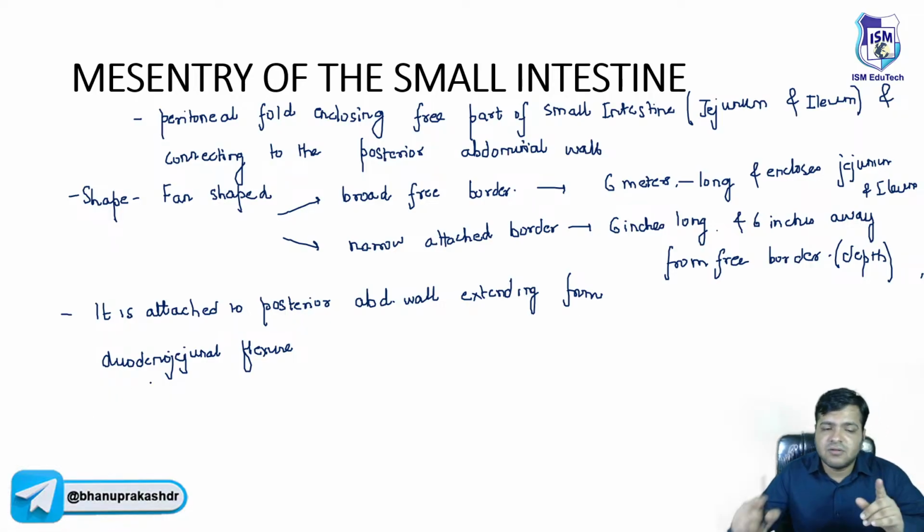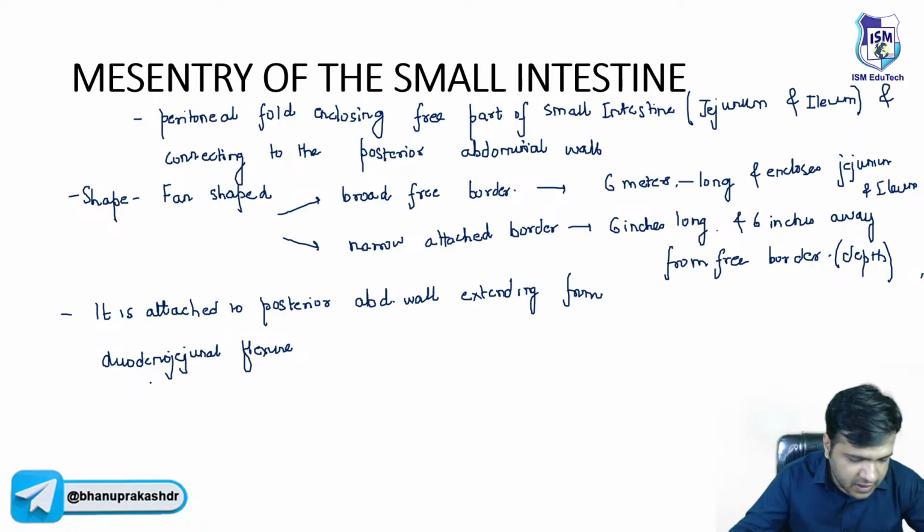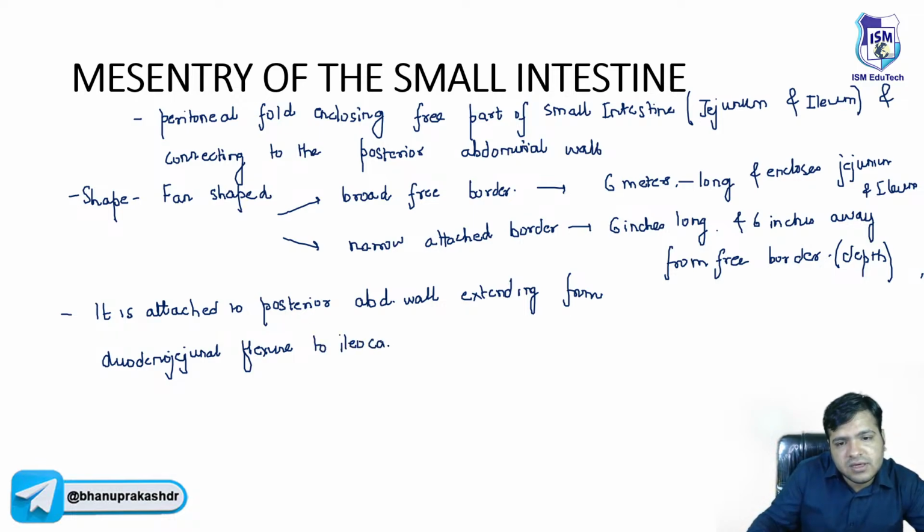The duodenojejunal flexure is on the left, the ileocecal junction is on the right. So yes, it is extending from the duodenojejunal flexure to the ileocecal junction. Very good, Anjum.